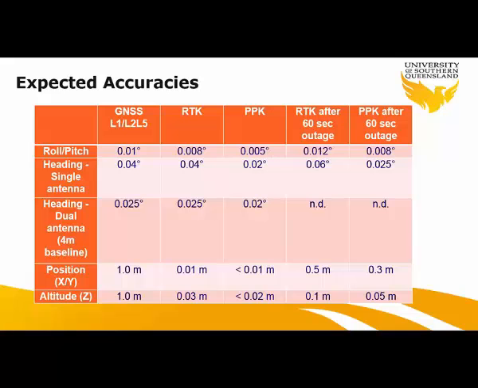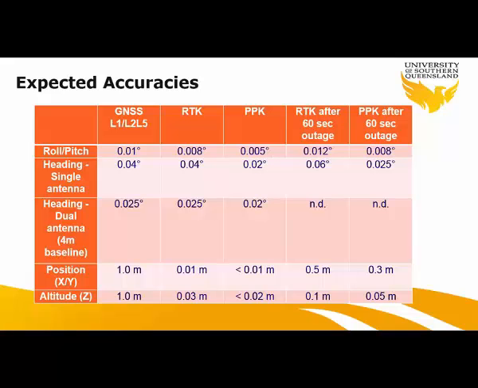What do we expect from integration of the IMU and GNSS? It's basically like any other surveying technique: you get what you pay for, obviously, and you can use different GNSS techniques. We know that RTK, for example, gives you better accuracy than single point positioning, or PPK the same way. So these different techniques also affect the final accuracy we can get from the integration of GNSS.